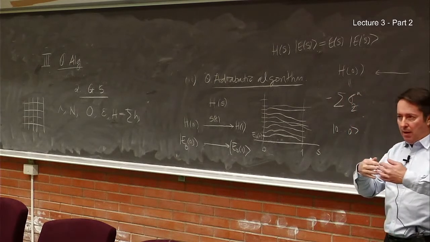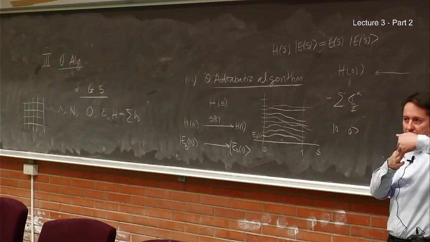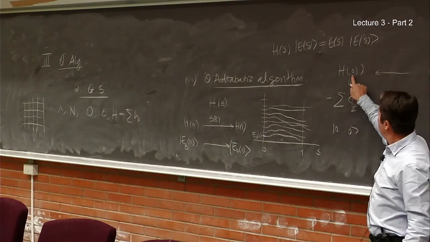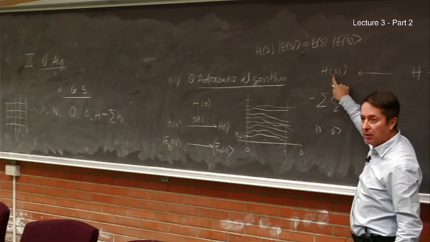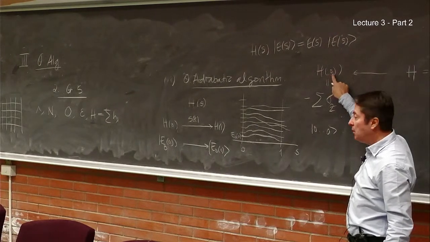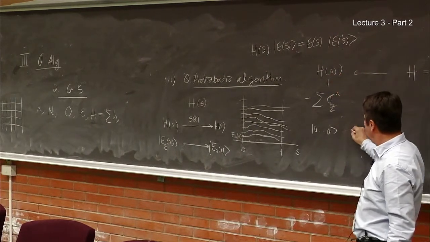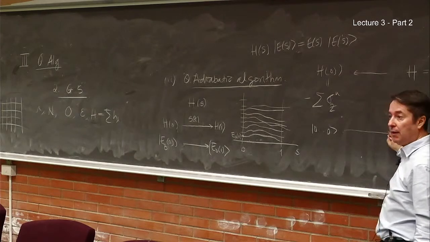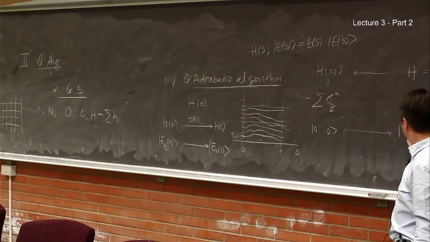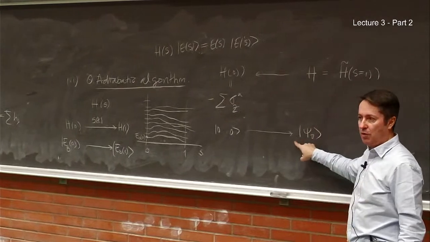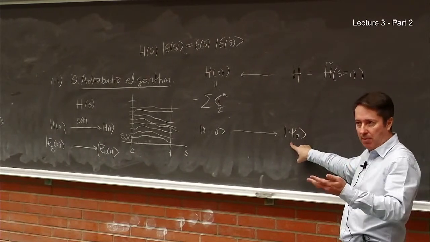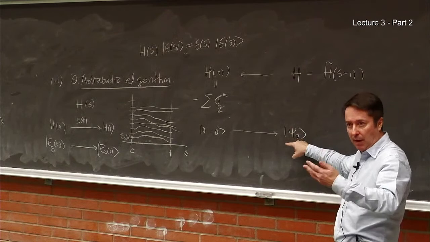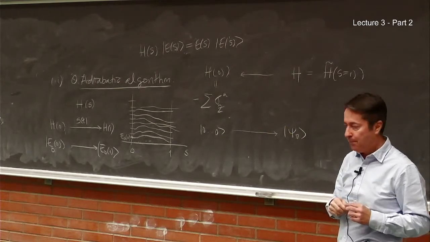You prepare your quantum computer in the state of zeros, and now you change the parameter of your Hamiltonian sufficiently slow, and then the state at the end, if you do it adiabatically, will be the ground state that you're looking for. And once you have the ground state, we measure the observable, repeat it many times, and then we'll have the solution to our problem.